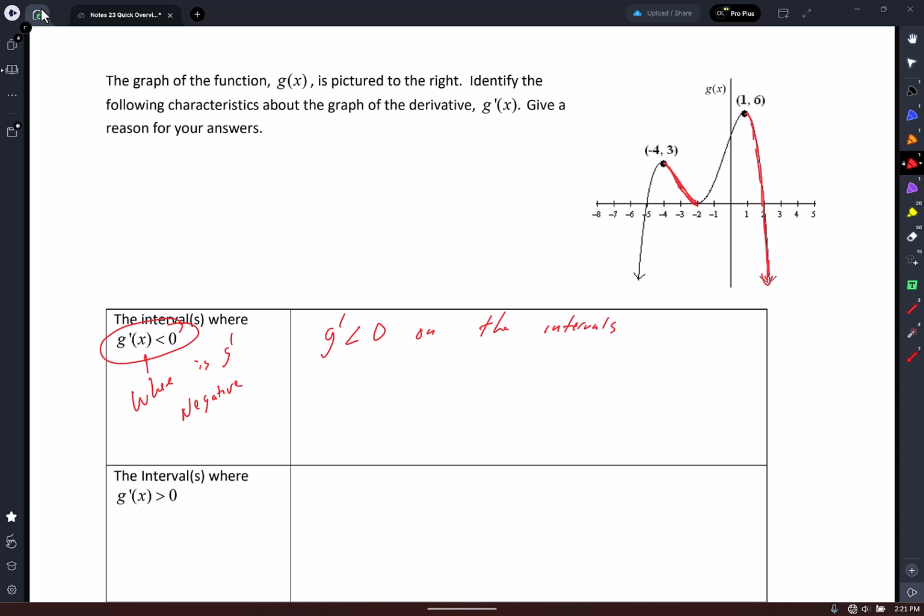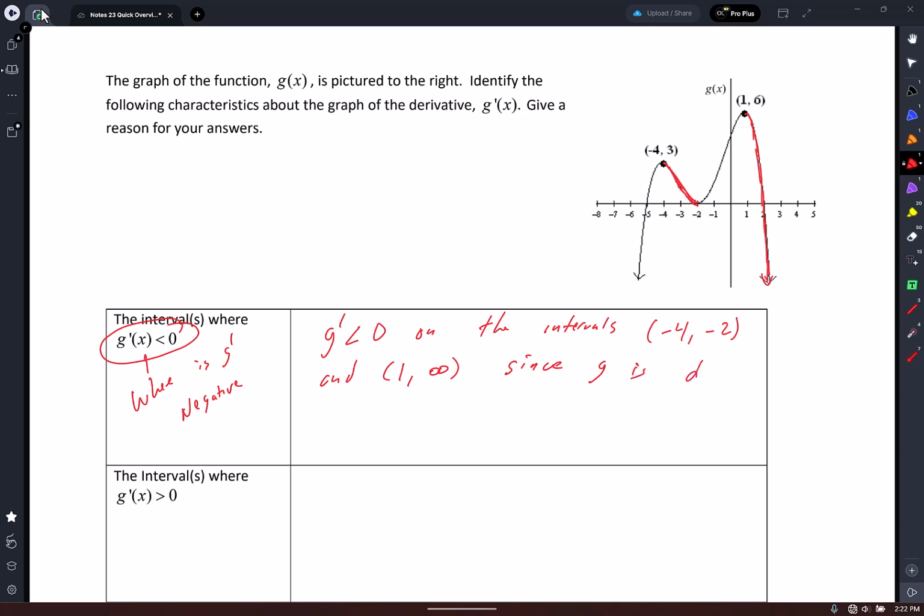So g prime is negative on the intervals (-4, -2) and (1, infinity). Notice that I put parentheses and not brackets, because they're not asking for where g is decreasing. They're asking for where g prime is negative. Do you know what I mean?